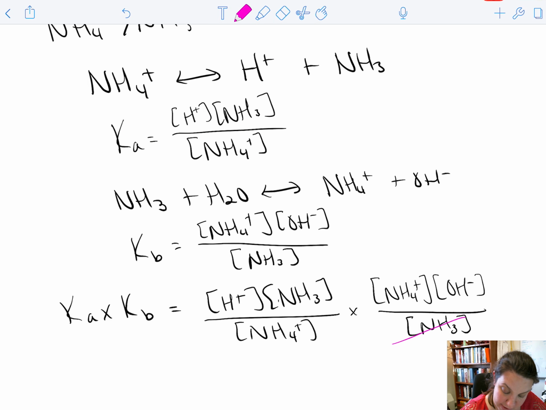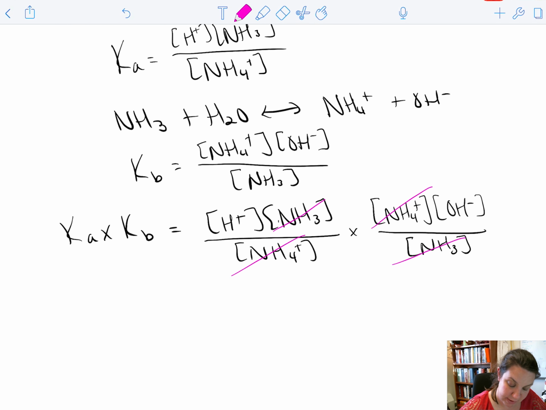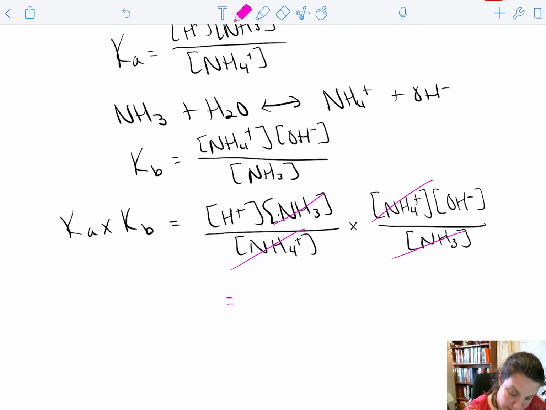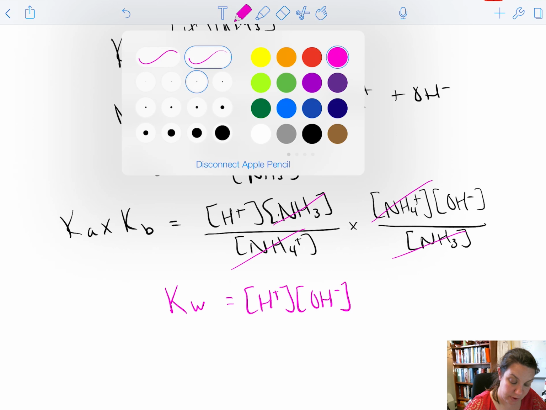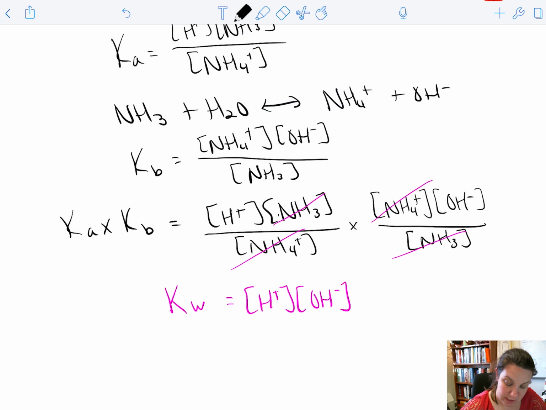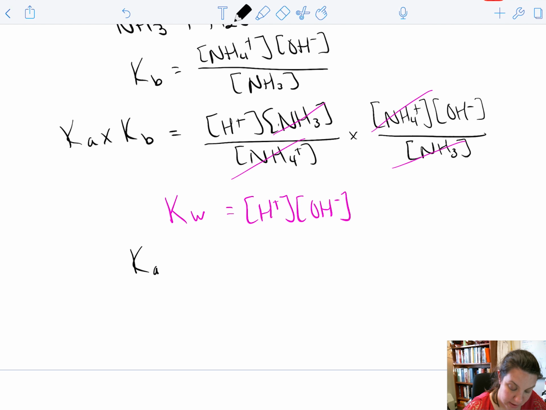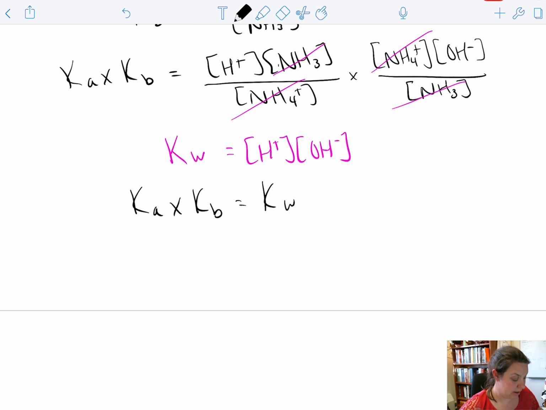So our NH3 can be canceled out, our NH4 plus can be canceled out, and what we have left is H plus concentration times OH minus concentration, which hopefully looks familiar, because that is equal to our Kw. So if we multiply Ka by Kb, we get Kw.